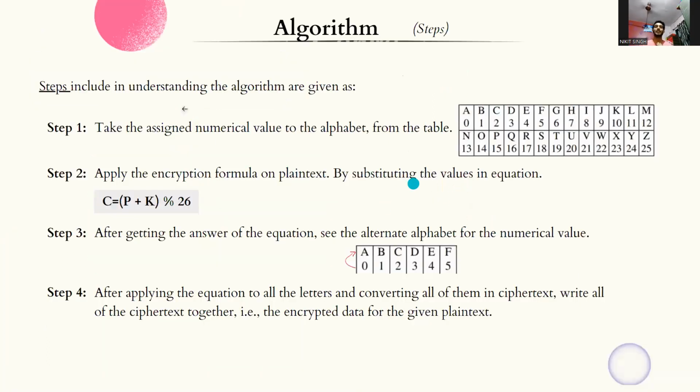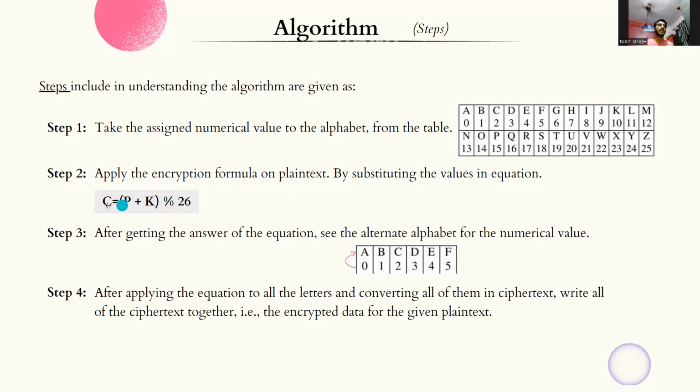Next is the algorithm. Let us see the steps of the algorithm of Caesar cipher. The first step is taking the assigned numerical value of each alphabet letter from the table. This is the table where we have assigned numbers to the alphabet letters from A to Z. The second step is applying the encryption formula on the given plain text by substituting the values in the equation.